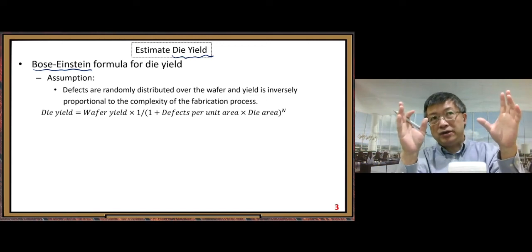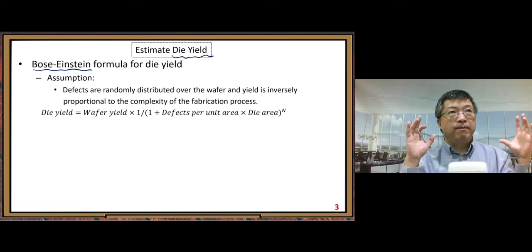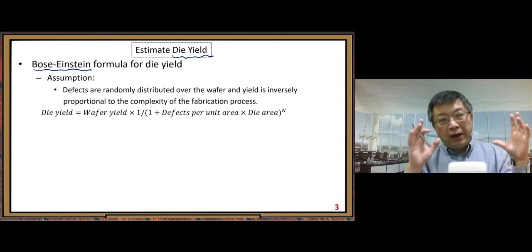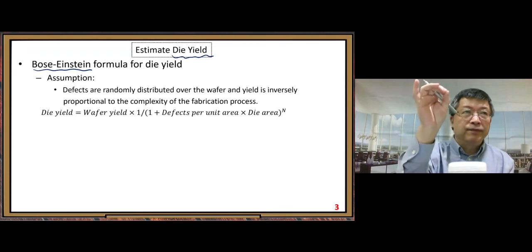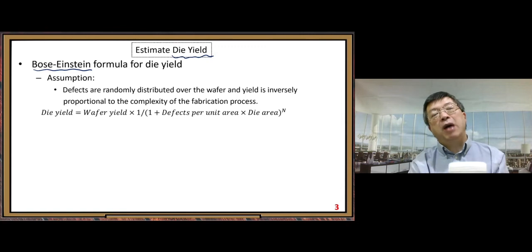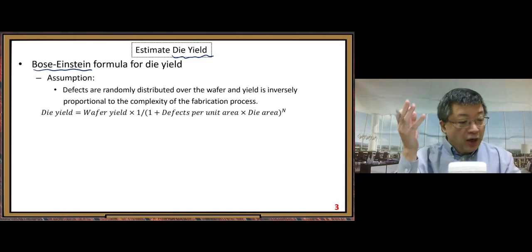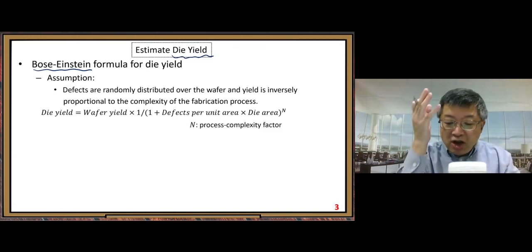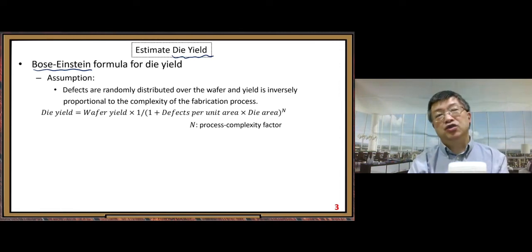So 1 plus that number, raised to the nth power. That n is not necessarily an integer. Usually it's not an integer, because it's the process complexity factor.